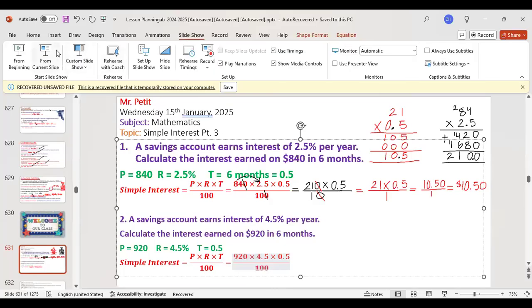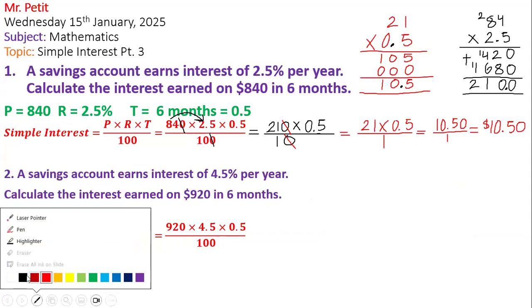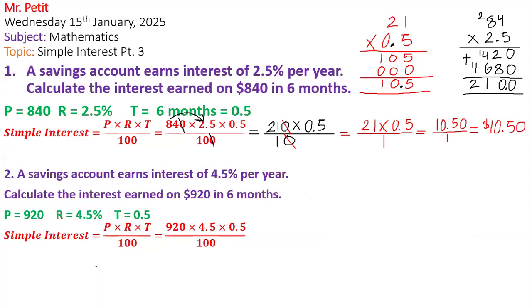Cleveland, do you understand this? Halfly. Okay. What are we going to do at this point, Cleveland? Take out the zeros. So which zero are we going to take out?